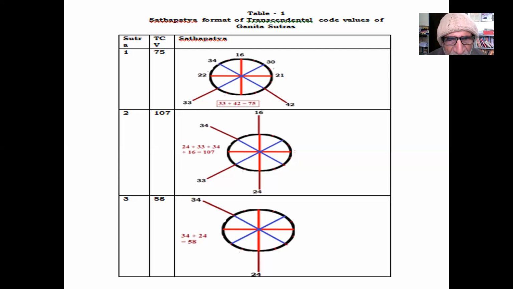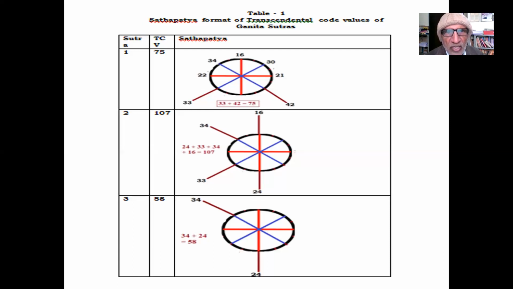It is this happening which is to be continuously chased. In fact, one shall sit comfortably and one shall permit the mind to be parallel with the sequential manifestation phases and stages as are the transcendental code values of the Ganita Sutras.